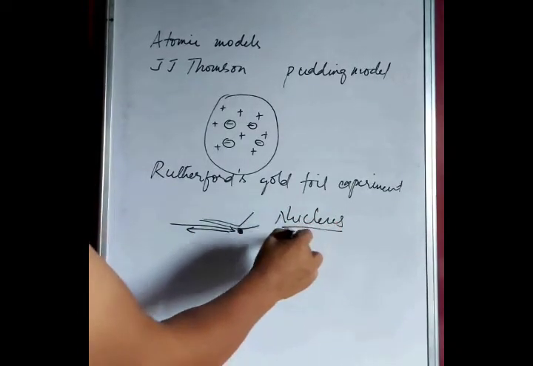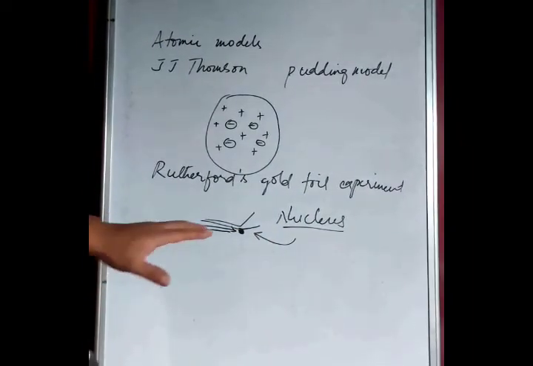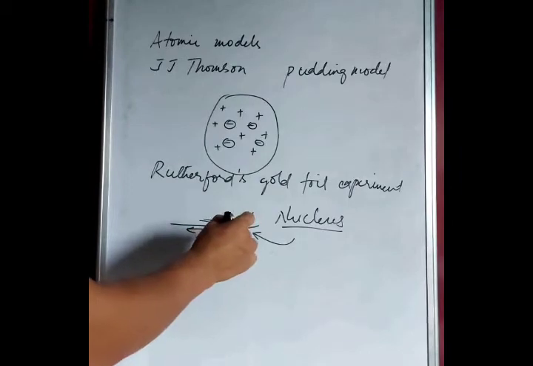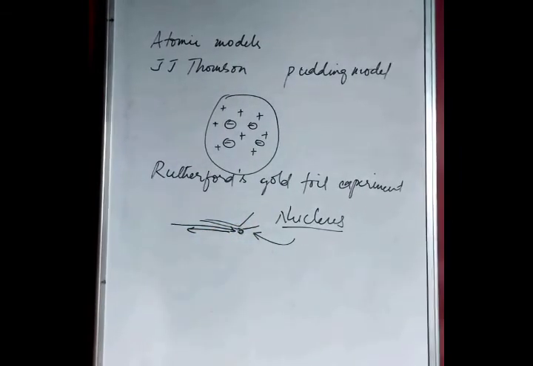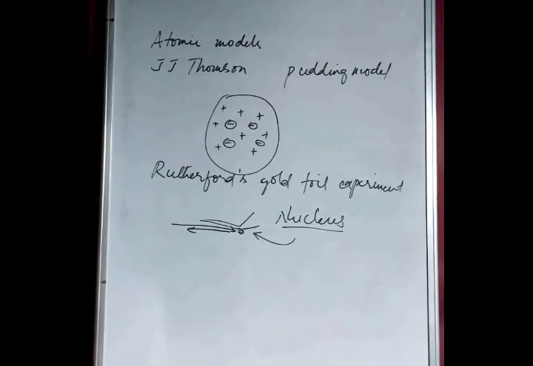And now we know that the nucleus is where both the protons and the neutrons occupy the area. Now if you think about the size of an atom as a football stadium, then the nucleus will be a grain of sand inside the football stadium.